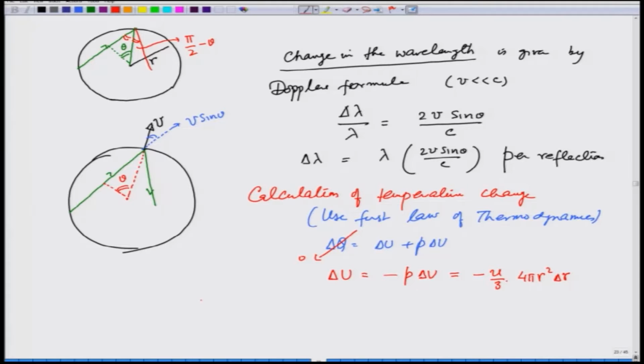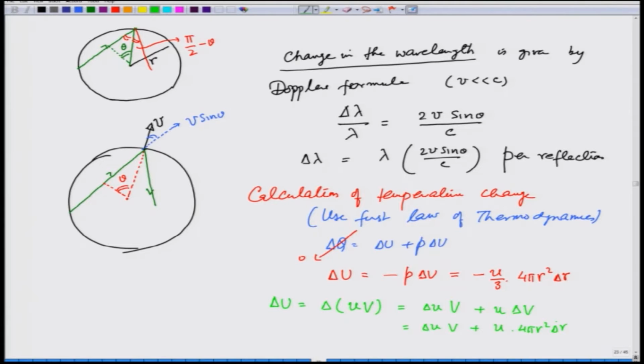Delta U is nothing but delta of U times V, which is V delta U plus U delta V, which is V delta U plus U times 4 pi r squared delta r.